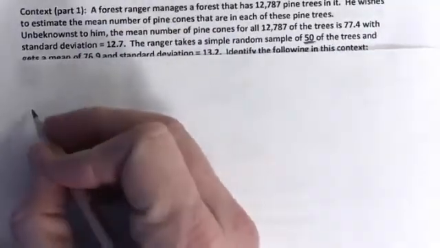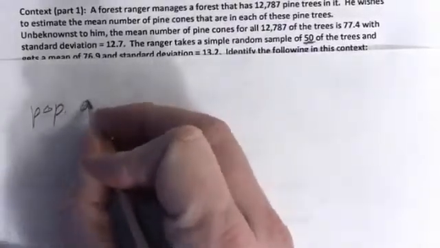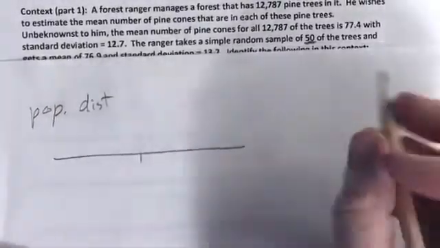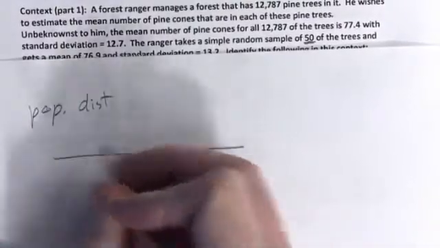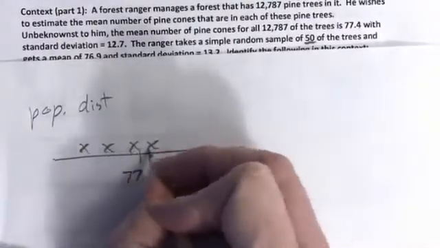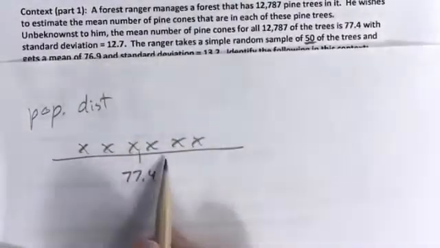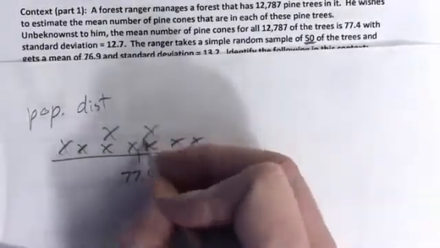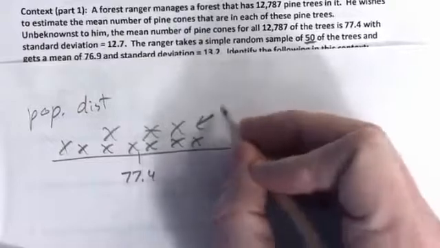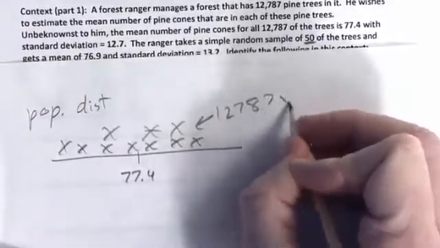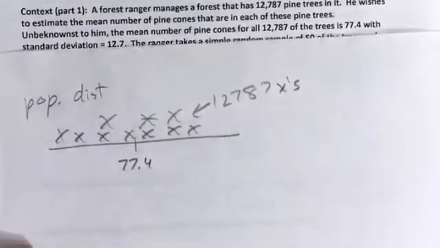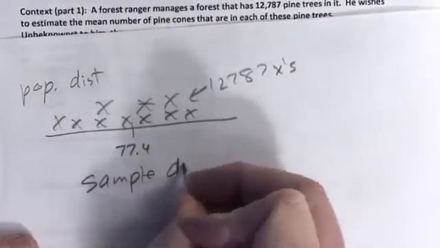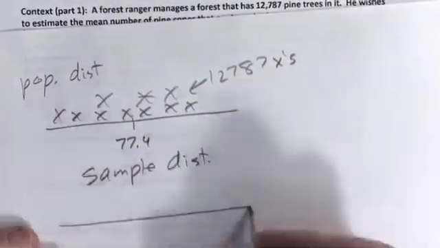First, the population distribution is just every number in the population. Their mean, by the way, is 77.4. It's all these 12,787 numbers, so if I put an X for every one of them, there would be 12,787 X's. Our sample distribution is every number in the sample, and there are 50 of them.